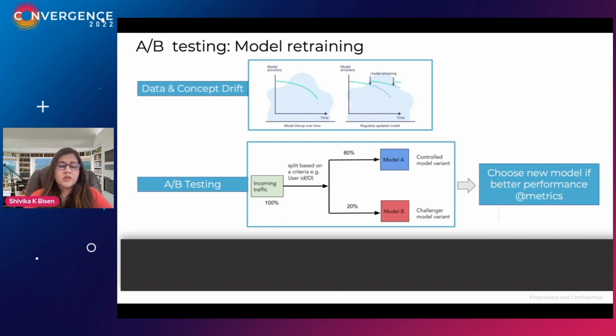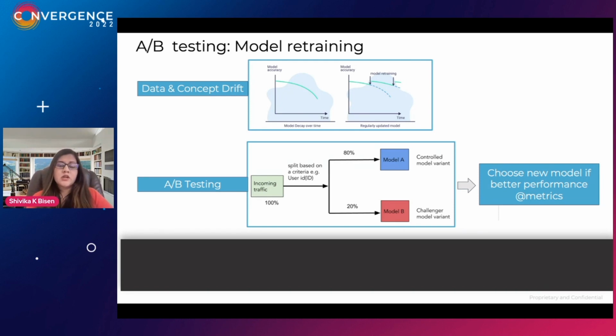For example, if you are building a model that predicts the price of an item, and you trained your model a year ago and now there's inflation, the prices would be totally different. That gap, that change in the data which our model did not learn, is what we call data and concept drift. One way to deal with this drift is to train our model again.